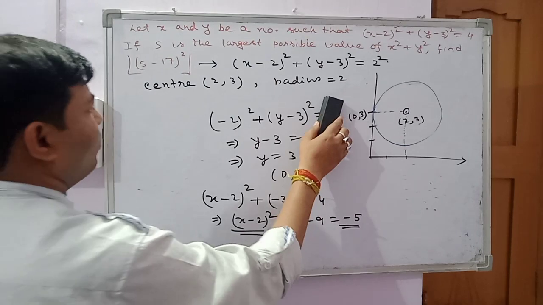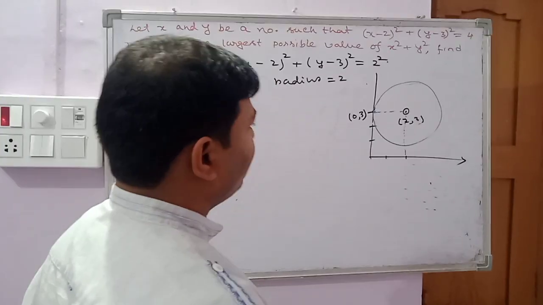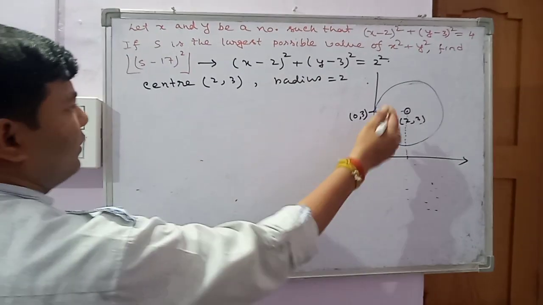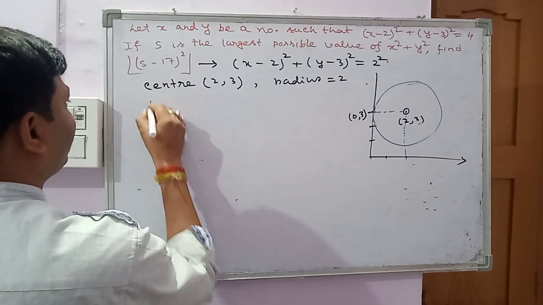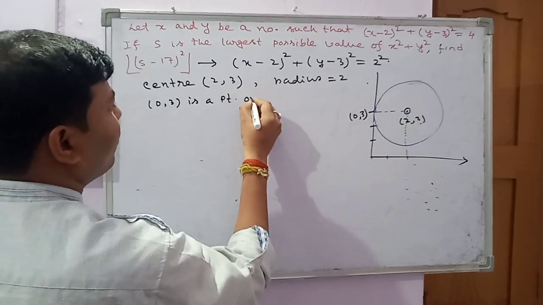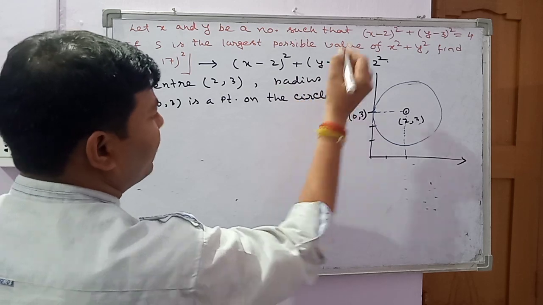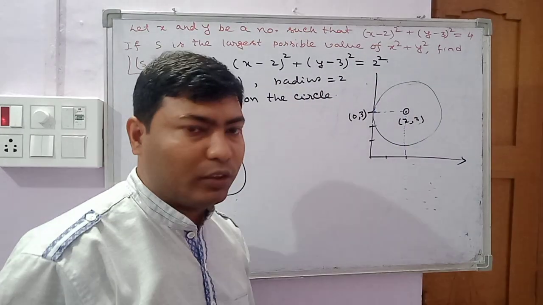So what we are getting here is that the point (0, 3) is a point on the circle, on the curve. Here the curve is the circle of the equation given.